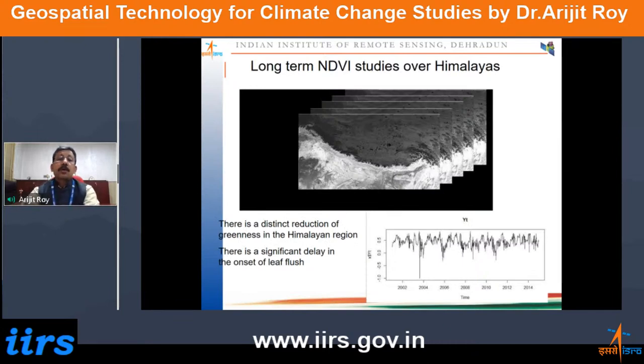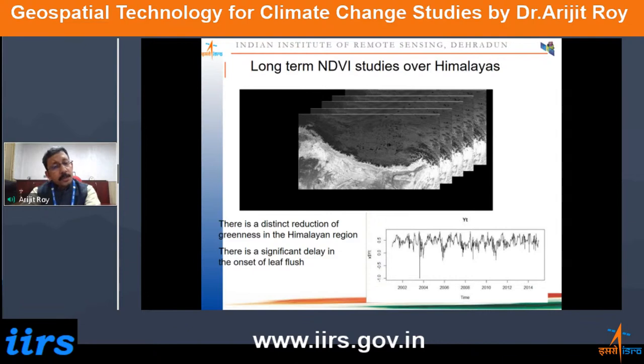Then the long-term normalized difference vegetation index studies, there are various vegetation index studies over various regions. I have taken the case of the Himalaya as we are in the vicinity. They have shown a distinct reduction in the greenness in this Himalayan region. And the reduction is not because of area which has been denuded or something like that.